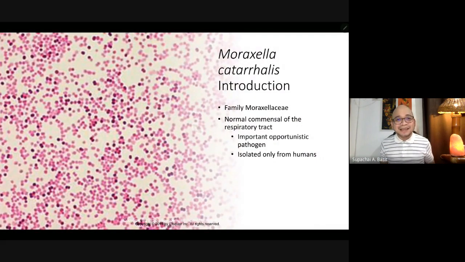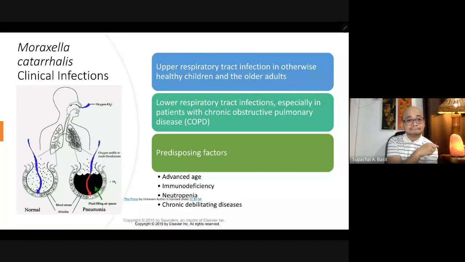We will now be discussing Moraxella catarrhalis from family Moraxellaceae. So do you know that Moraxella catarrhalis is a normal commensal of the respiratory tract? It is an important opportunistic pathogen isolated only from humans.